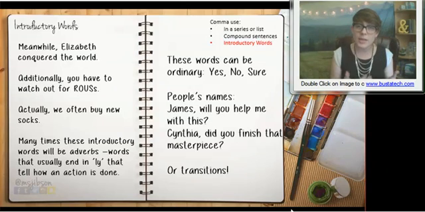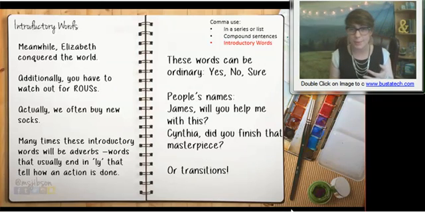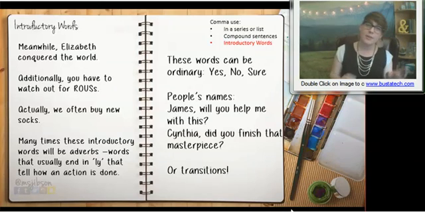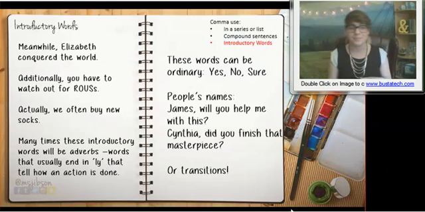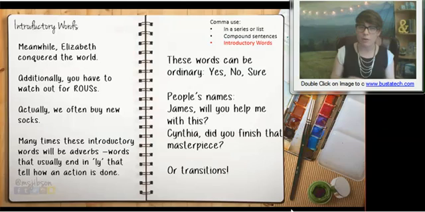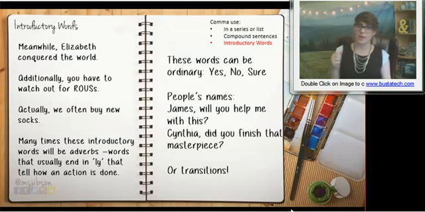So we have 3 instances of when you can use commas with introductory words. When you're addressing someone directly using their name, or maybe answering or asking them a question with yes, no, sure, hey. Or when you have a transition, however, therefore, actually, quickly, suddenly. Those are all introductory words that you use commas with in writing.